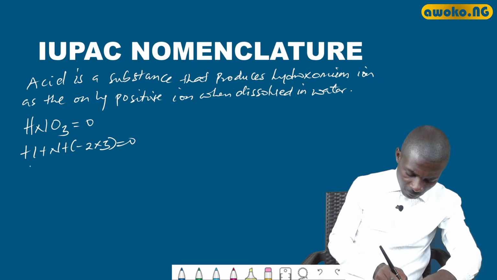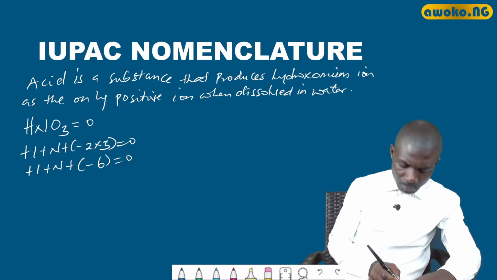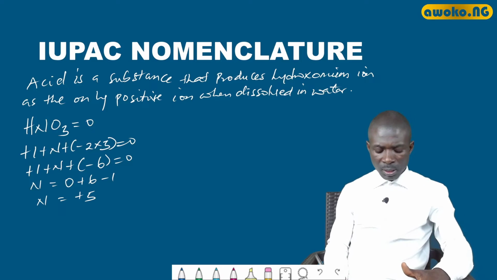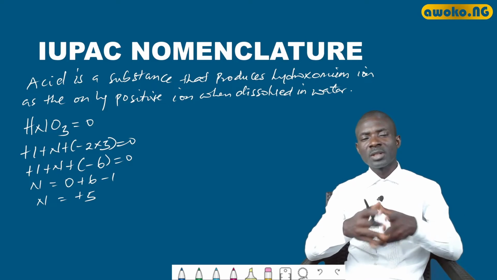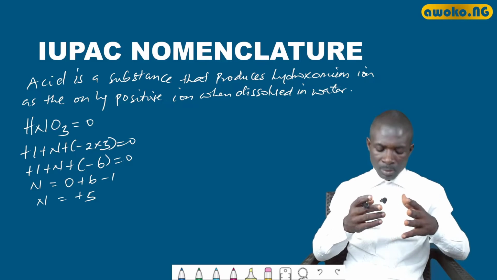So we have +1 plus N plus (-6) equals 0. Making N the subject of the formula, N is equal to 0 plus 6 minus 1. So N is equal to +5. So the oxidation state of nitrogen in HNO3 is simply written as +5.